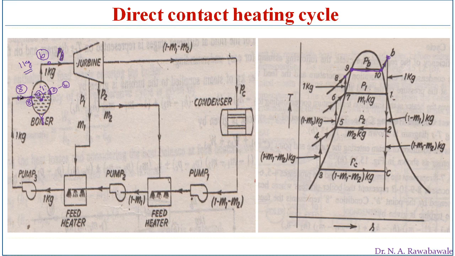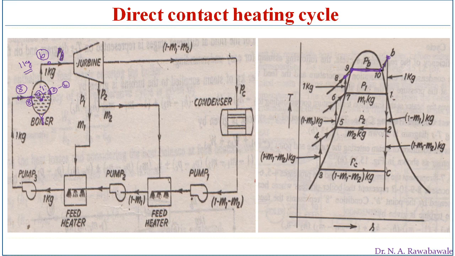Initially 1 kg of water enters this boiler, which is feed water at a lower temperature than the saturation temperature. When it enters the boiler, it absorbs sensible heat starting from point 8, its temperature increases from 8 to 9, and then the water becomes saturated water. Further it absorbs latent heat of vaporization and gets converted into dry saturated steam.